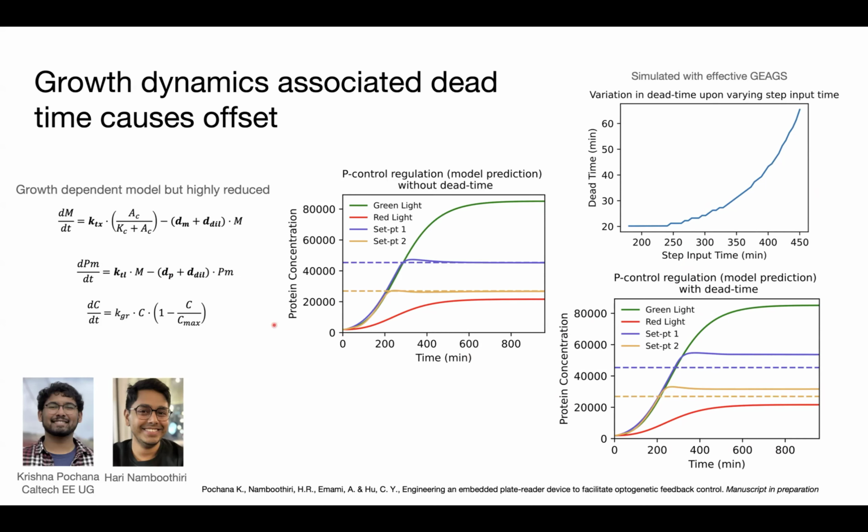Then we're able to use this model to simulate this overshoot and this offset. So essentially, this means that this offset is caused by the dead time that intrinsically exists in the biological process.